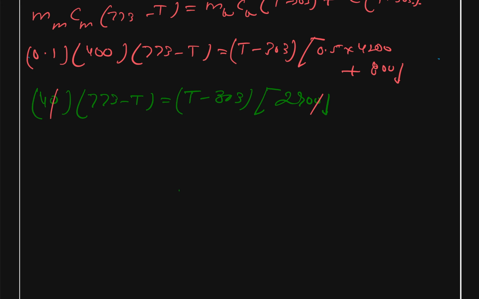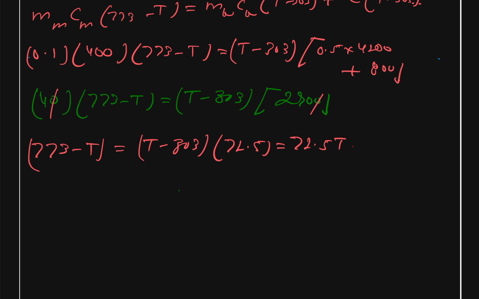So we get 773 minus T is equal to T minus 303 times 72.5.